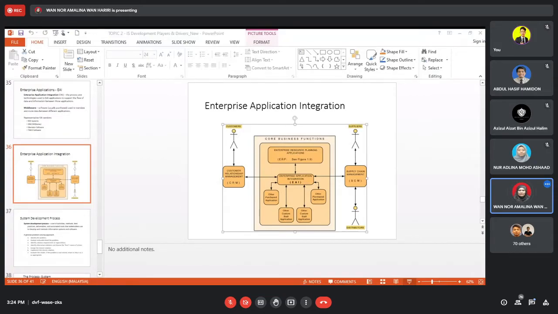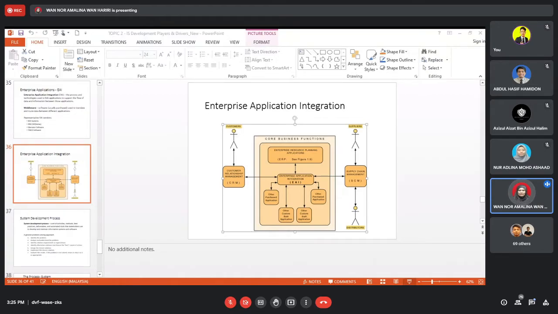All right. Okay, so we have seen the drivers, we have seen the stakeholders, the types of stakeholders. We have seen the drivers in terms of business and also technology. We have touched on ERP, supply chain, as well as CRM, as well as enterprise application integration and middleware.